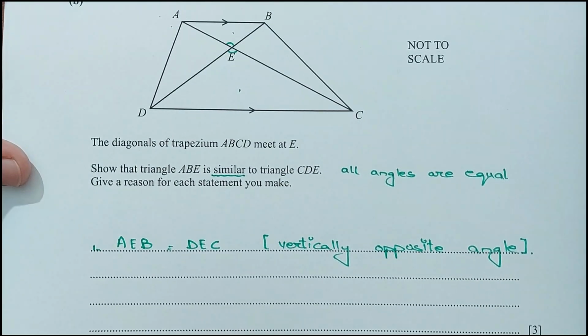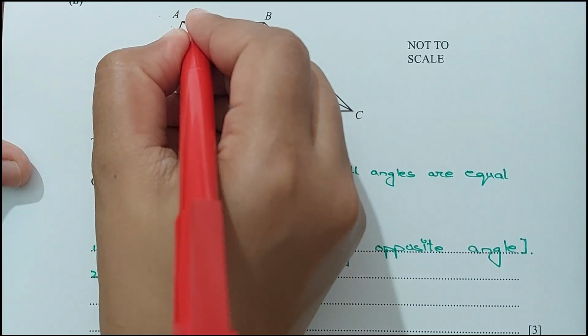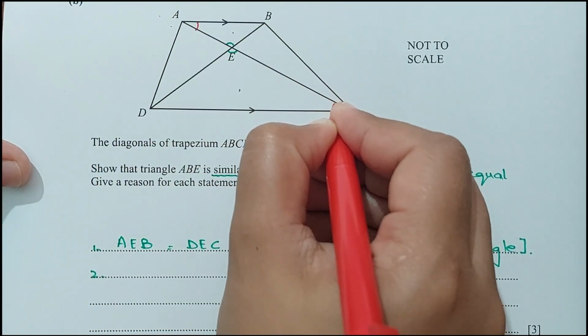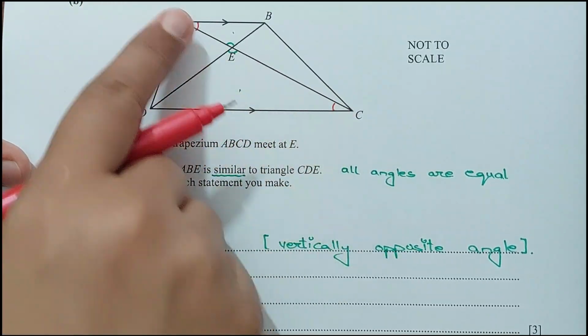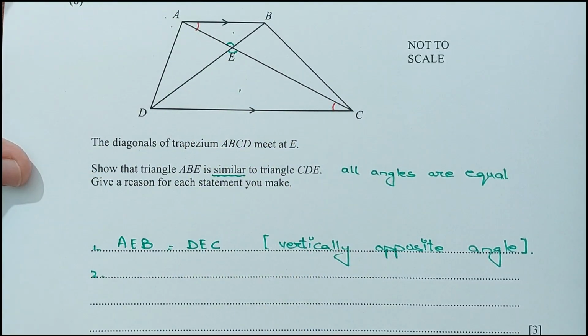Now the next is, we can say this angle and this angle are the same because these are two parallel lines joined by one line, so these are two alternate angles and they are equal.